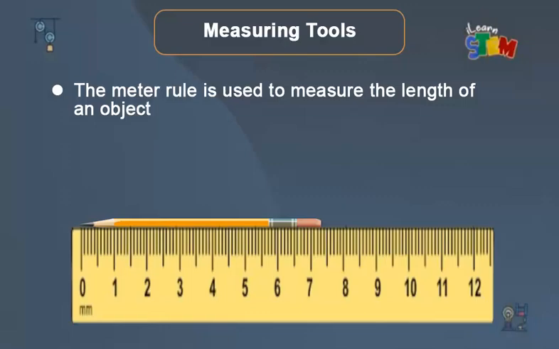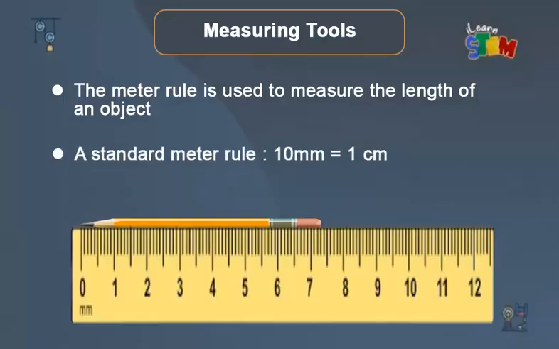Then count 1, 2, 3, 4, 5, 6, 7, 8, 9, 10. The counting continues until we get to the point where the pencil ended on the rule. Now, bearing in mind that 10 mm equals 1 cm, the length of the pencil is 7.3 centimeters.